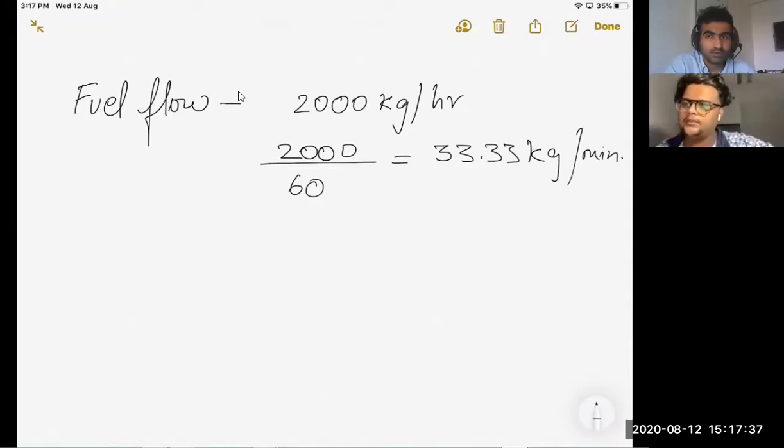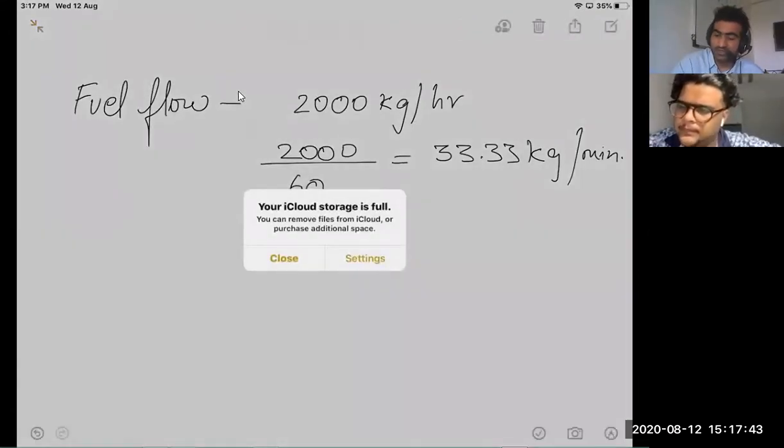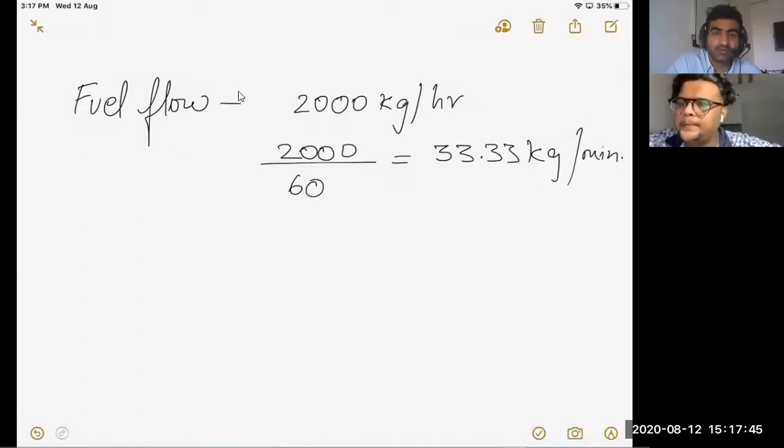That is 2000. So your fuel flow for your present configuration is 2000 kg per hour. Every hour you are consuming 2000 kg of fuel.